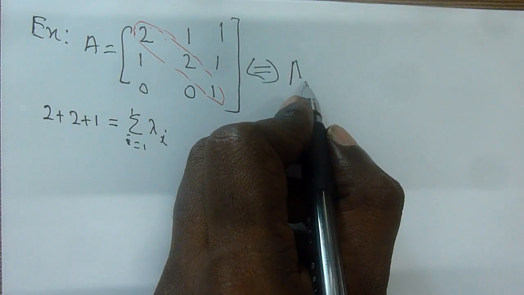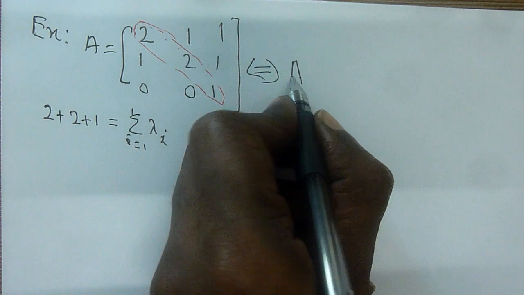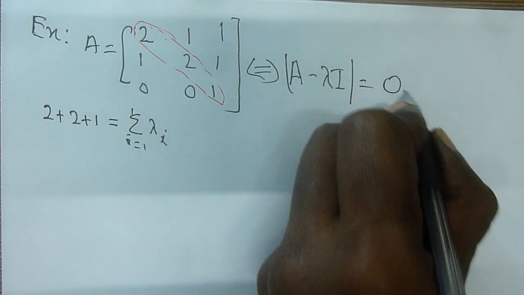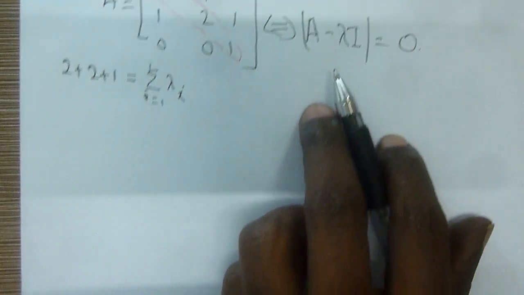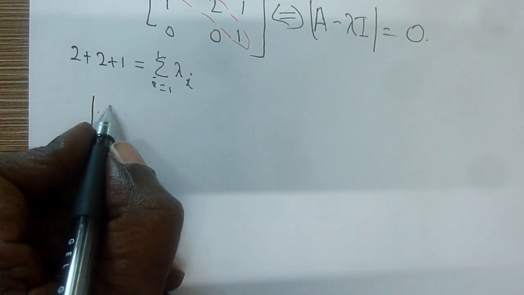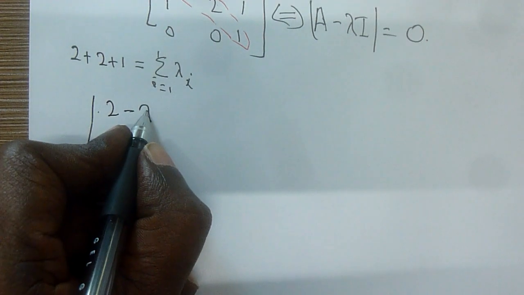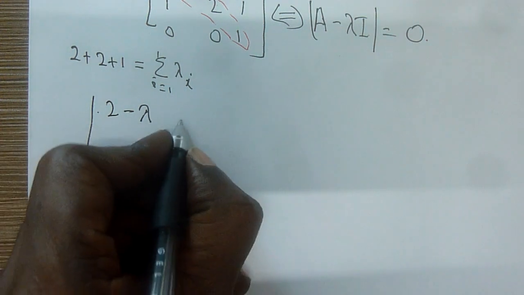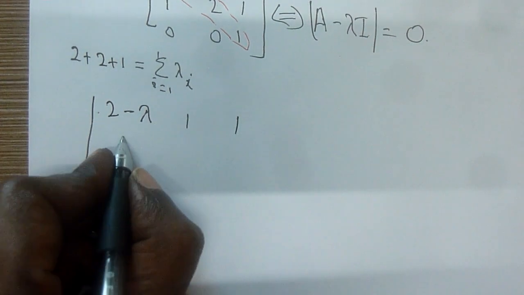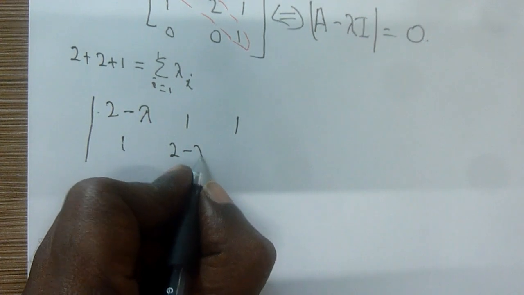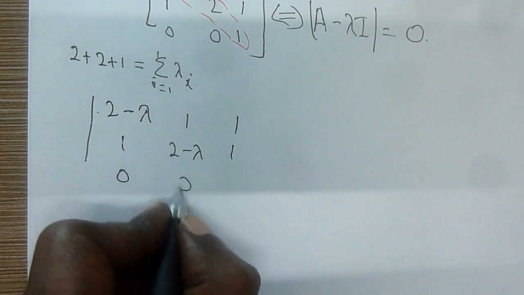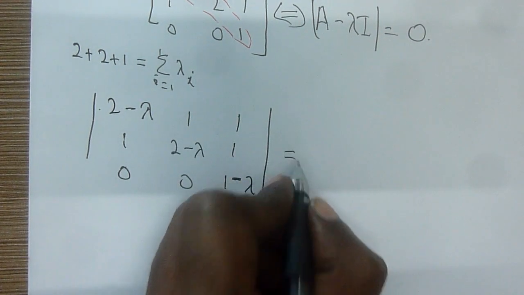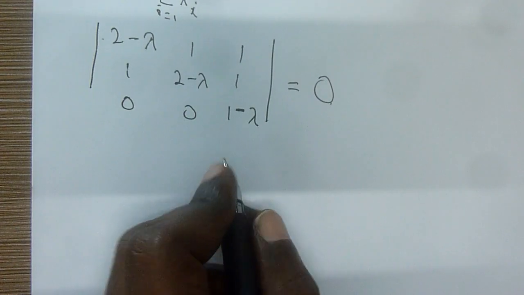A minus lambda I equals 0. I leave it to you to do it, but I just show it. If the case is 2 minus lambda, or you want to use a different form, it's up to you. 1 2 lambda, 1 0 0 1 minus lambda equals 0.